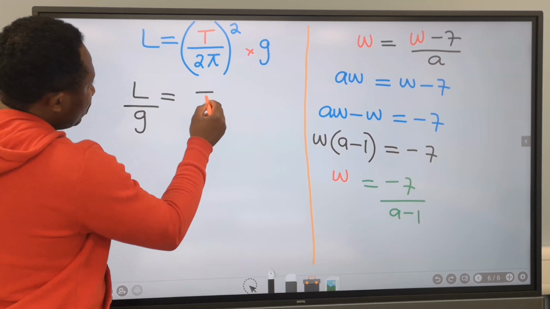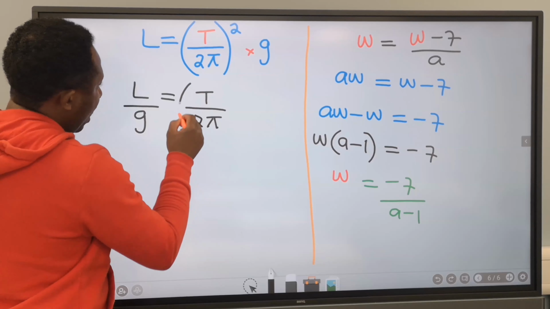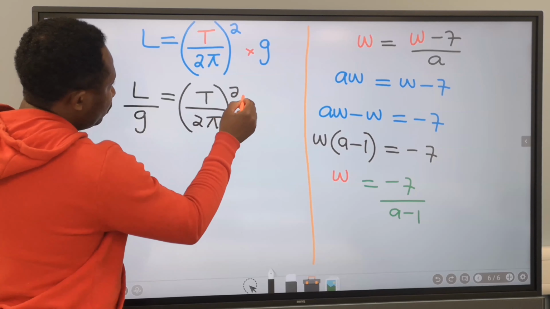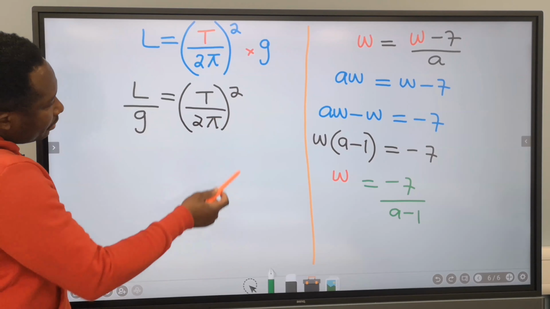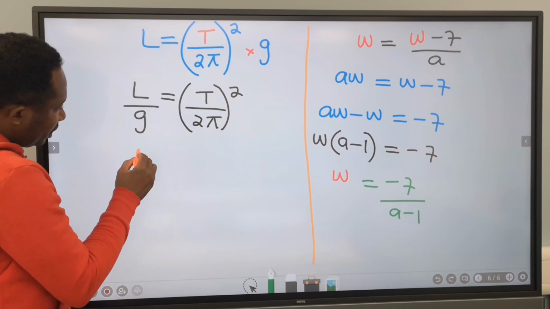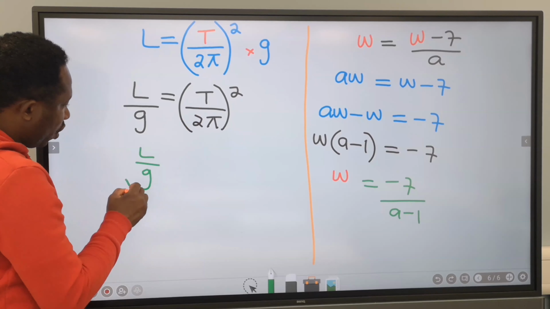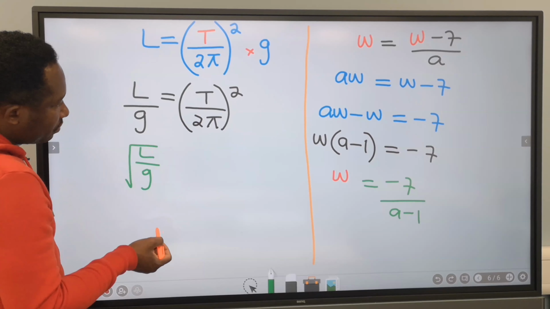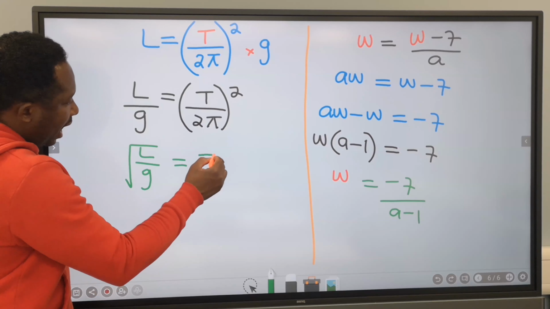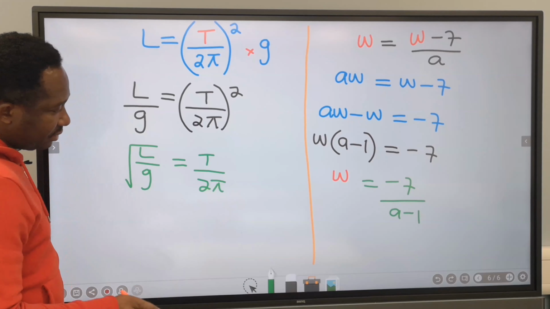Next, I'm going to have T over 2 pi, everything to the power of 2. Next, I'm going to take this squared out of this side. And on the other side, this squared becomes a square root. Now, I have t free with 2 pi.